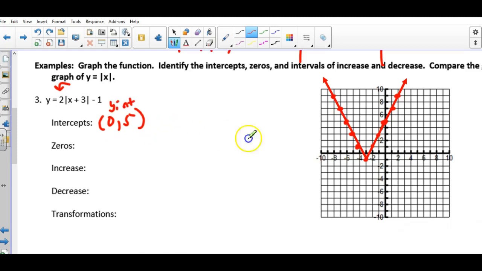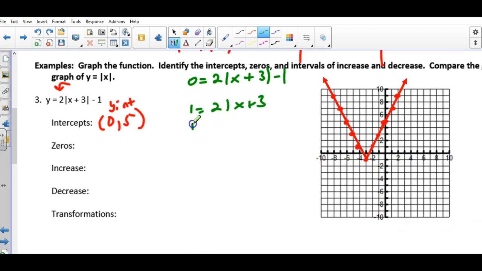Now for our x-intercept, guys, remember, make y 0 and solve this. So I'll do it right here real quick. If I make y 0, you have 0 = 2 times the absolute value of x plus 3, minus 1. Add 1 to the other side, so 1 = 2 times the absolute value of x plus 3.